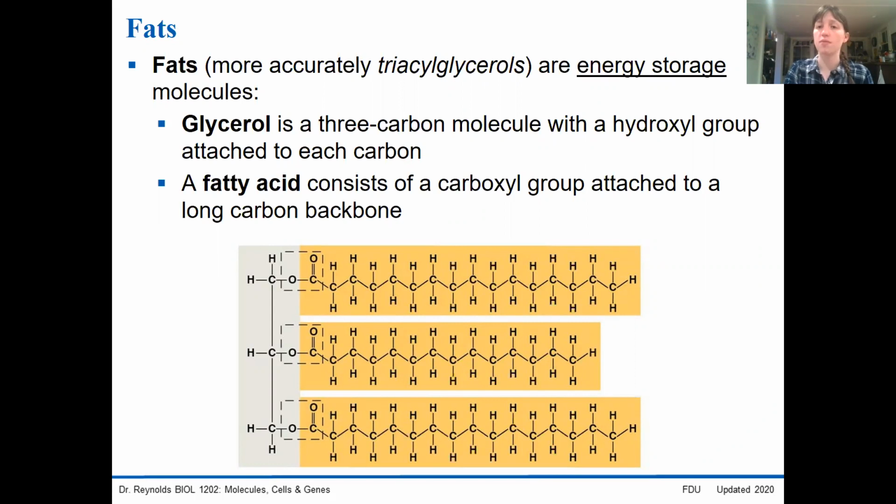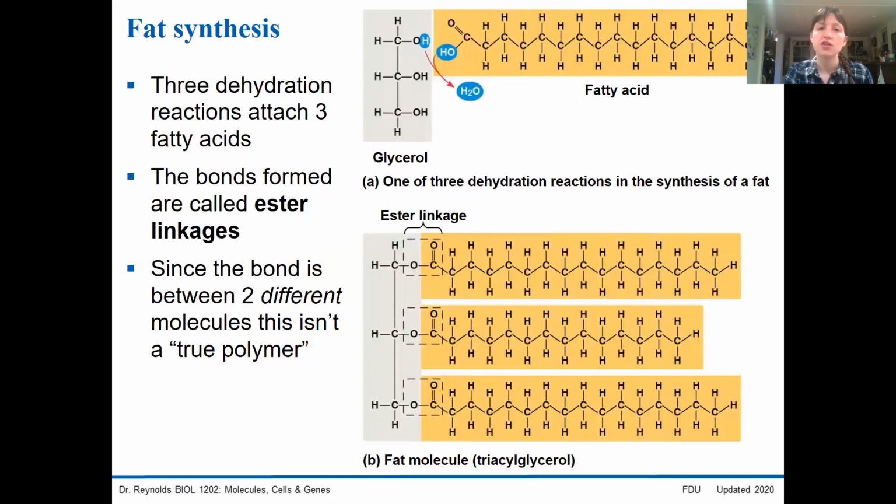Each one of those carbons has a hydroxyl group attached, and then that hydroxyl group is used in the dehydration synthesis that connects a fatty acid onto each of those carbons. So what you get is this 3-carbon backbone with very long hydrocarbon fatty acid tails coming off. The linkage that forms between the fatty acid and that glycerol is known as an ester linkage.